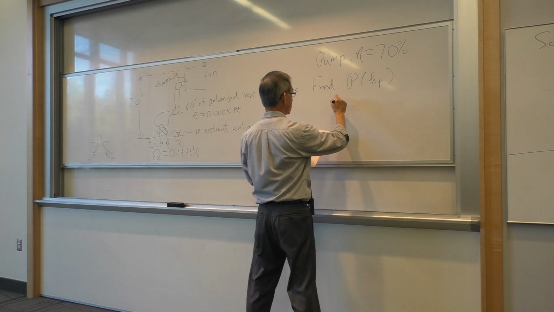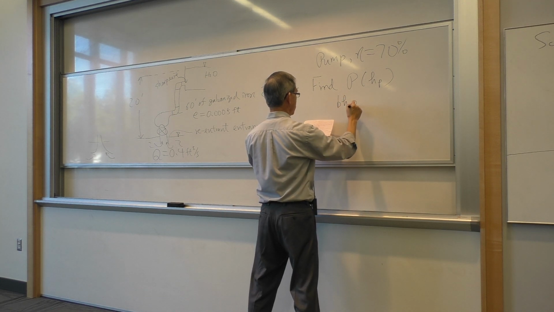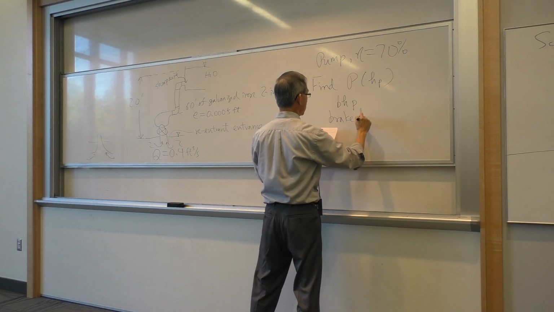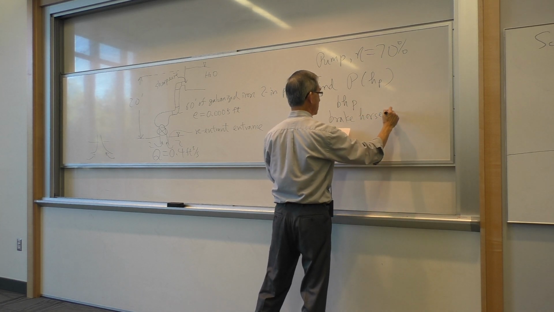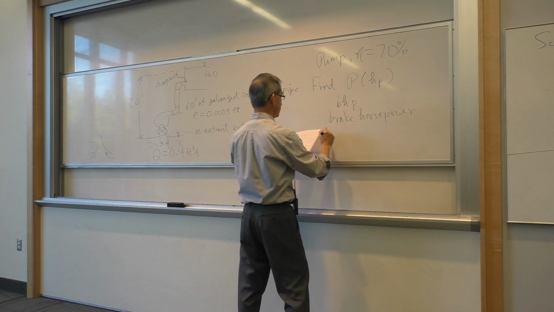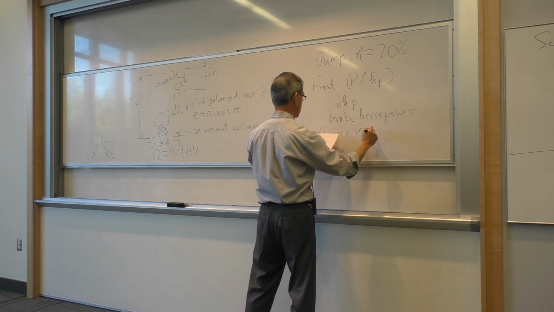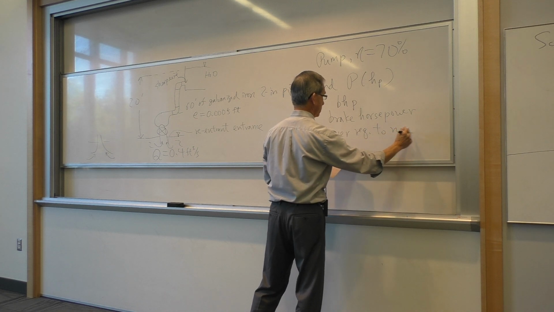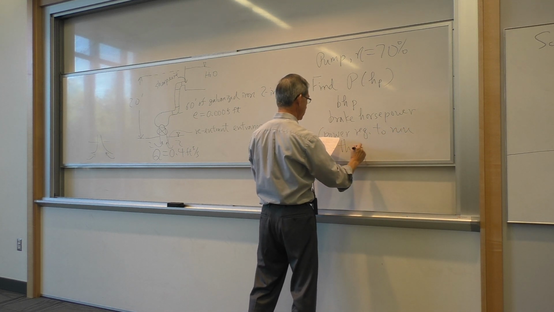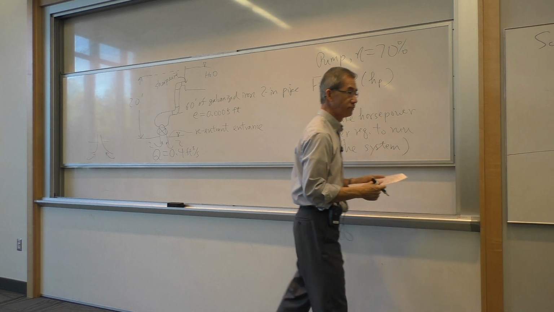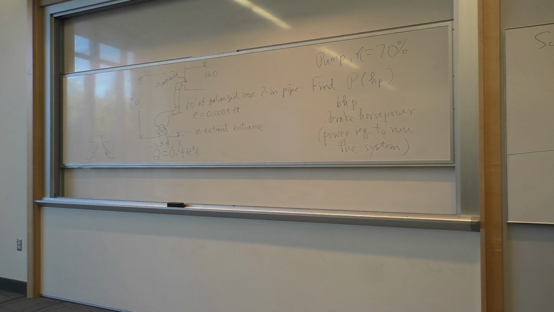That is also, in layman's terms, referred to as the brake horsepower. What that means is the actual power consumption: the electric bill you have to pay to run the pump with 70% efficiency to make the flow go from the bottom tank to the top tank.